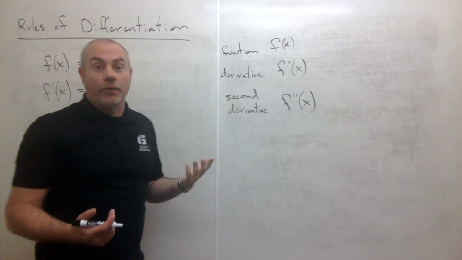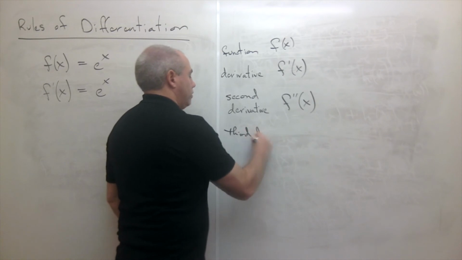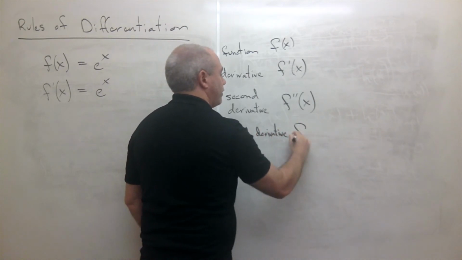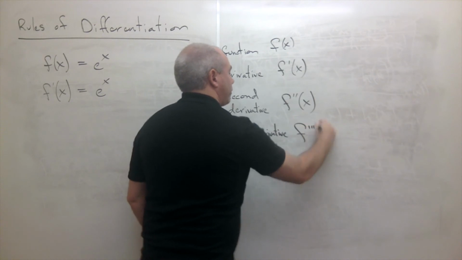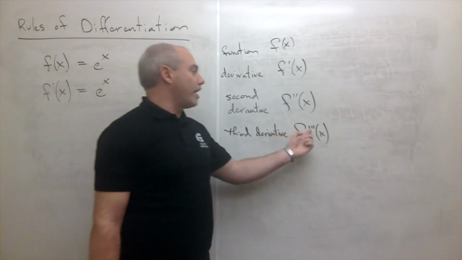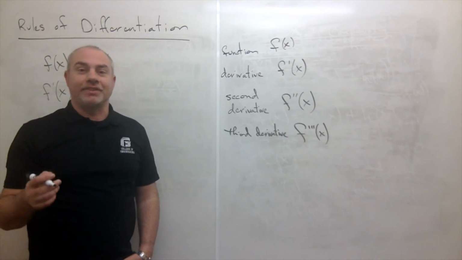So what I mean by a second derivative is I took the derivative of the derivative. Okay, and so I get f double prime of x. Well, I could keep going here. We could talk about the third derivative. And I just call that f triple prime of x. Now, it gets kind of old writing these prime symbols. So after triple prime, we don't write them anymore.